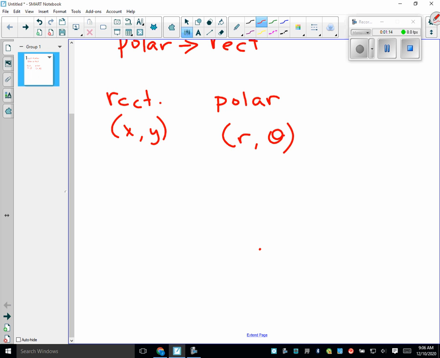Let me ask you if you remember something. Do you remember that sine of theta was equal to y over r? What was cosine of theta? Now what happens if I multiply this equation by r? Does y equal r sine theta?